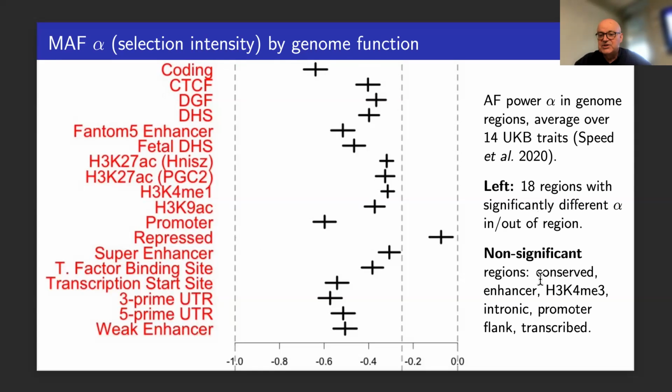But I've also left out here the non-significant regions, and conserved is one of them. So in other words, this MAF parameter, interpreted as a measure of negative selection, isn't significantly different inside and outside conserved regions, which seems a little bit puzzling, and we don't have a good explanation for that.